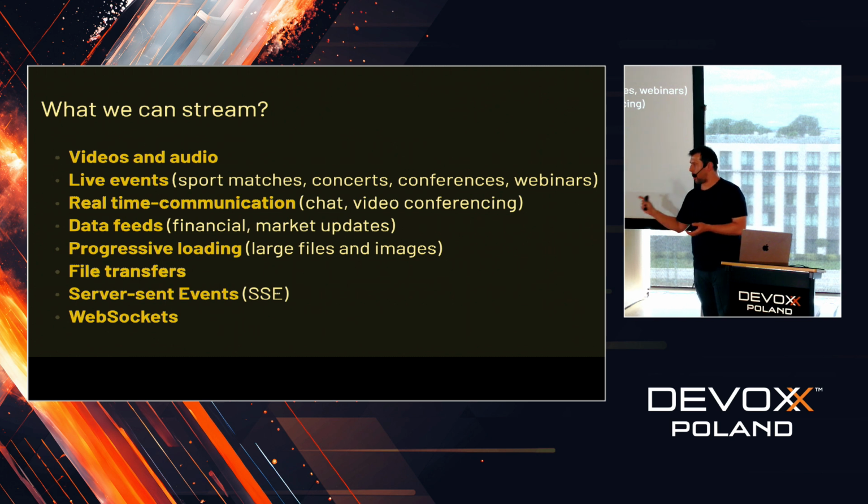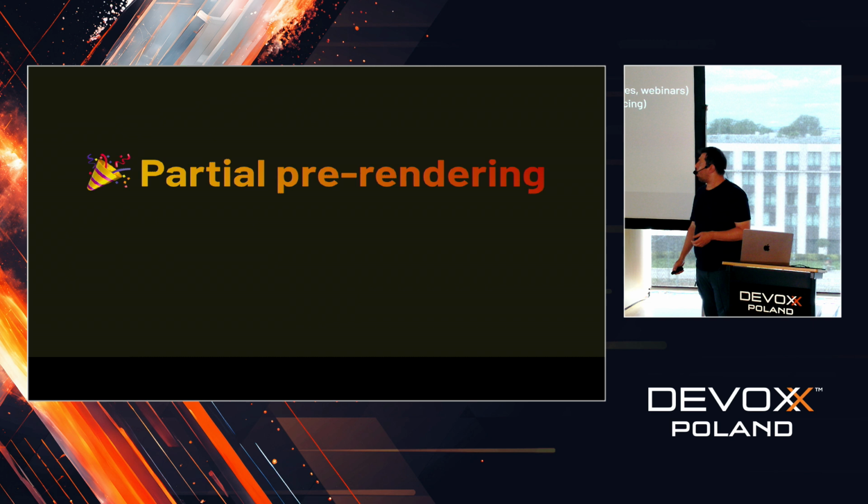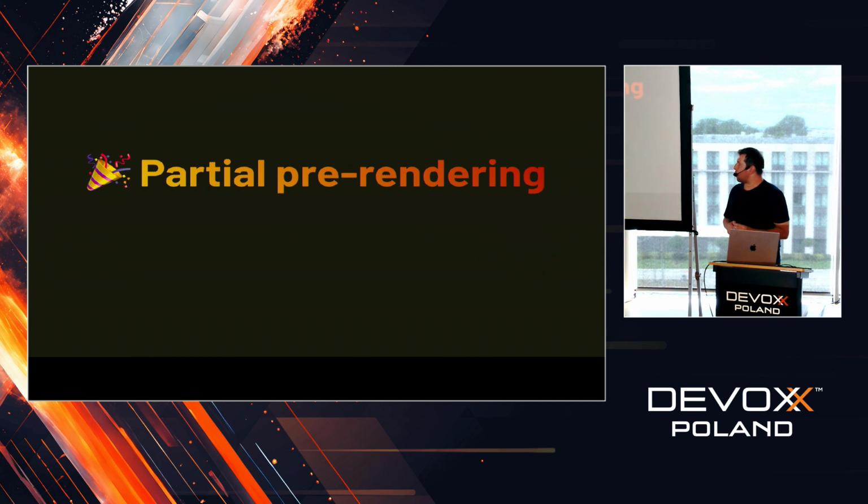It's split into bytes, and the bytes are sent using streaming somewhere in the net. We have server-side events, we have WebSockets, and one thing that I'd like to mention is partial prerendering, which is using streaming.